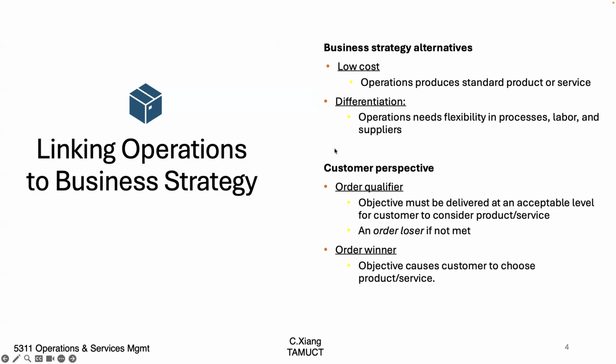Another common option is differentiation strategy. In this case, the firm may compete on speed, quality, innovation, or some other distinctive attributes. To support this strategy, operations must be more flexible, whether in processes, labor, technology, or supplier relationships.